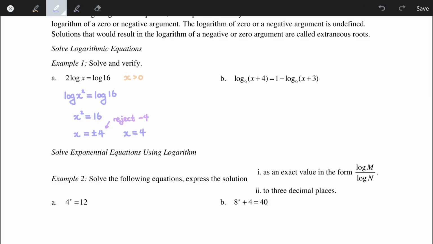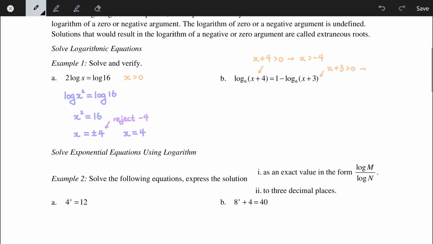So with the next example, we have 2 separate restrictions that could be combined. First one is that x plus 4 must be greater than 0. So therefore, x is greater than negative 4. And then in the second set of parentheses, we know that x plus 3 must also be greater than 0.